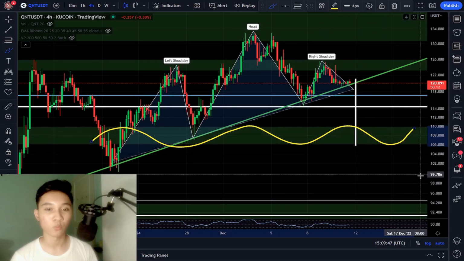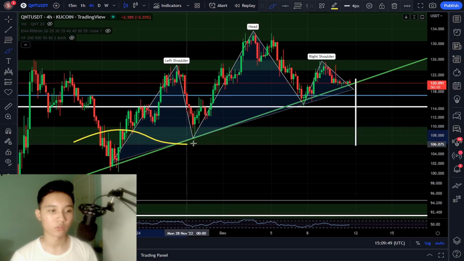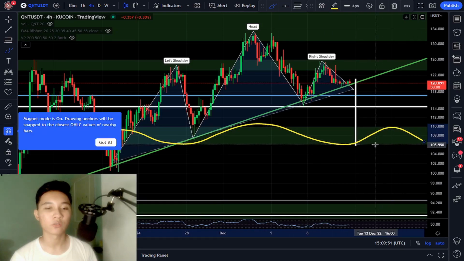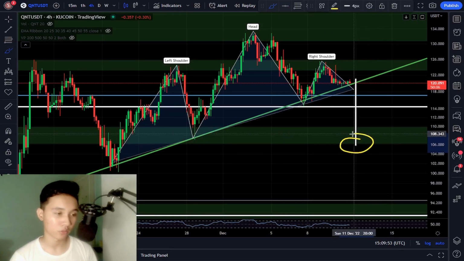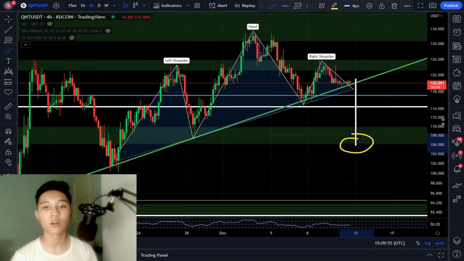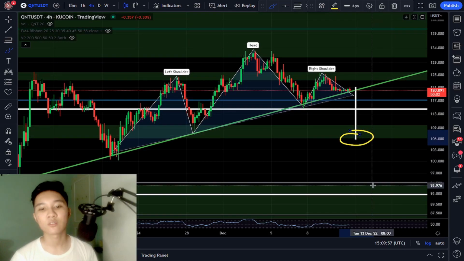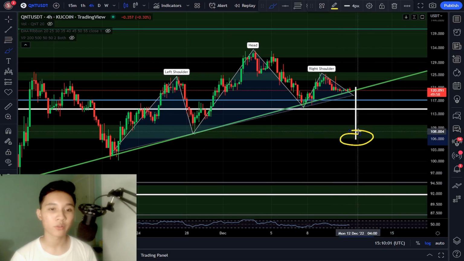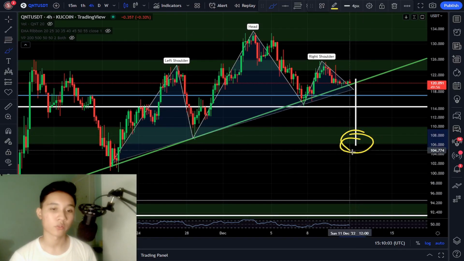So it is located within that support zone, and I am expecting quant to hold $106, because if we fail to hold $106, the next support is located at $93. So quant must hold support at $106.